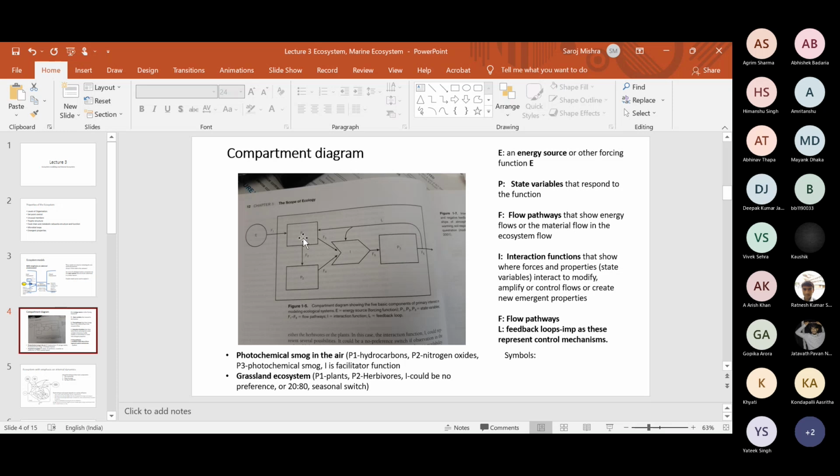That is, they can feed themselves on the plant produced matter like fruits and vegetables, etc. They could also feed themselves on something like the herbivores. So this interaction function in that case could define how the next level is going to depend, or it could tell you the seasonal preferences.